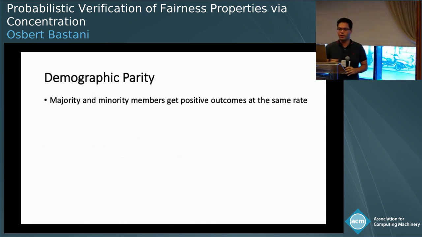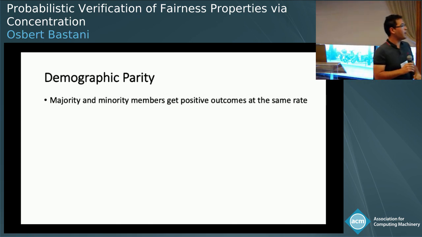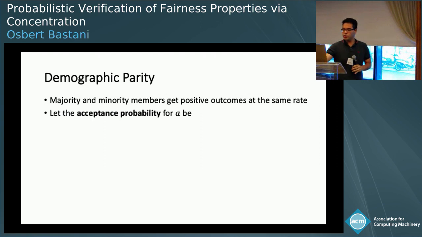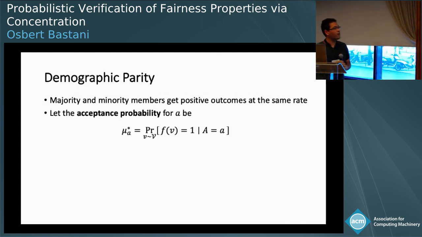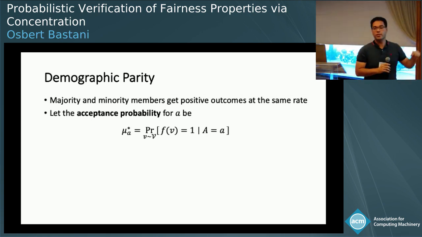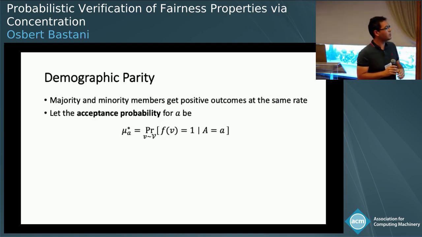So demographic parity is a property which basically says that majority and minority members should get positive outcomes at roughly the same rate. And just to formalize that, we first define the acceptance probability for subpopulation A to be mu A star. And this is just the probability that a member from the subpopulation A is given a positive outcome.